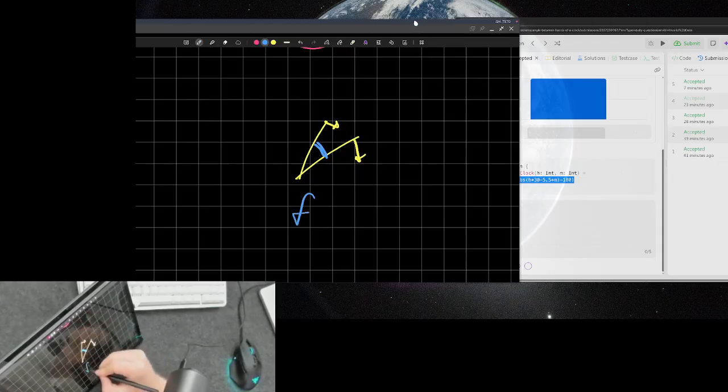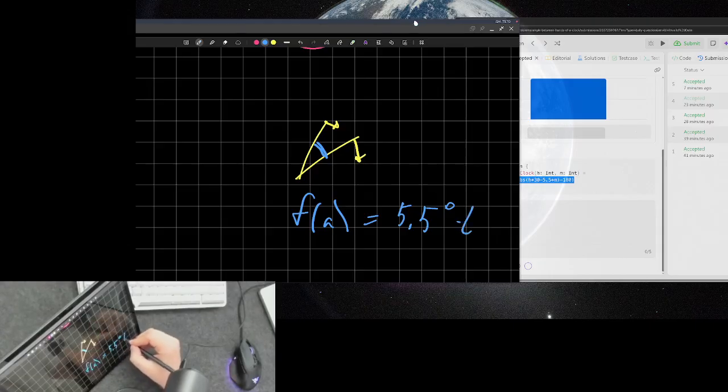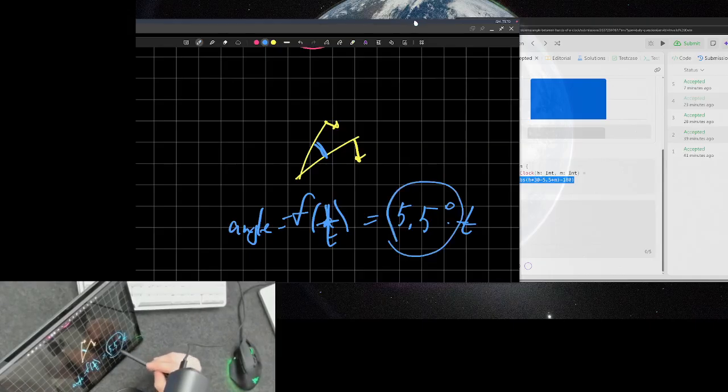And if we define the function of the angle between the arrows, it would be something like 5.5 degrees times t. So f of t, this angle between the arrows, goes in steps of 5.5 degrees. This is one way of looking at this problem.